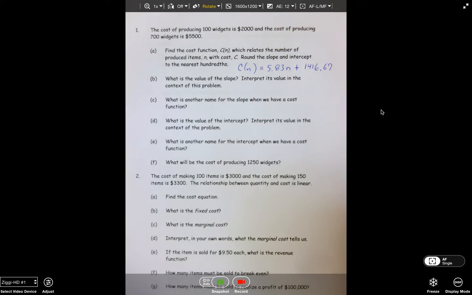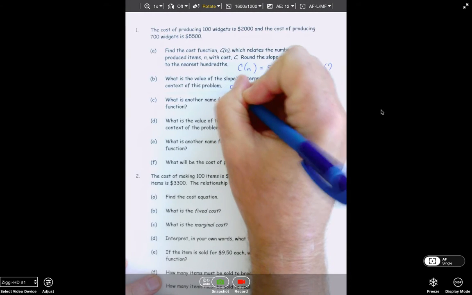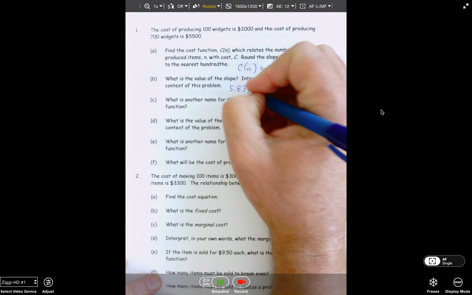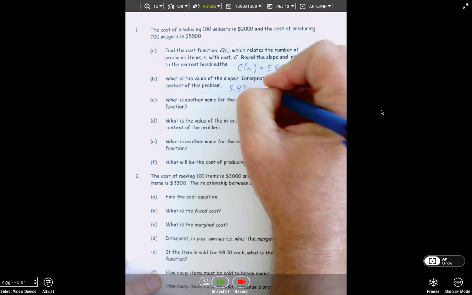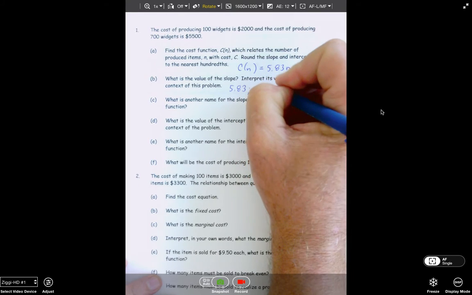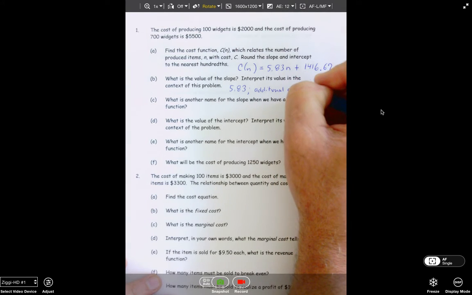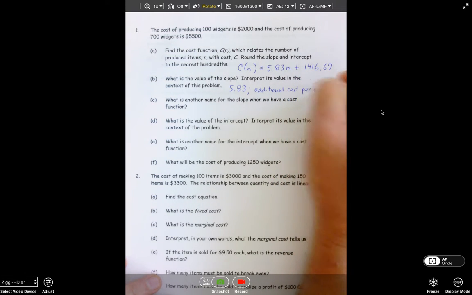So what is the value of the slope? That's going to be 5.83. Interpret its value in the context of the problem. It would be the additional cost per unit produced.